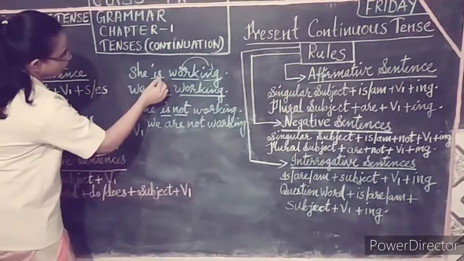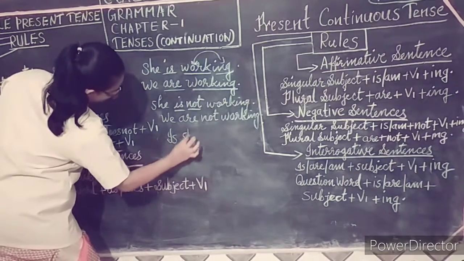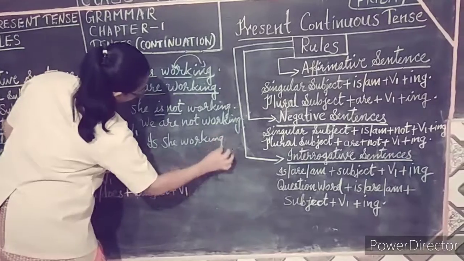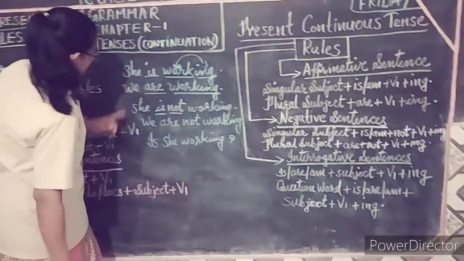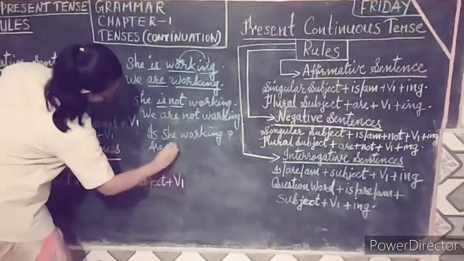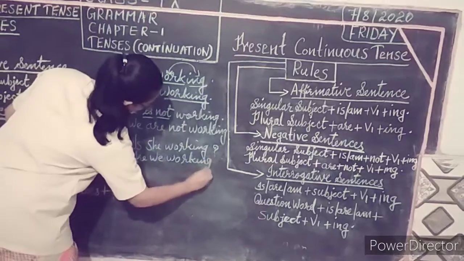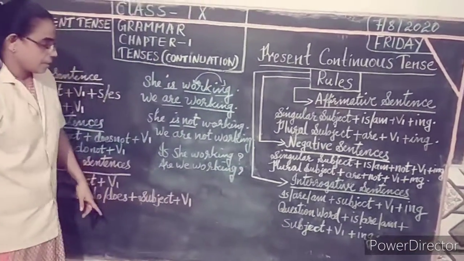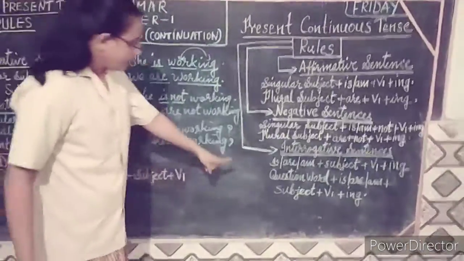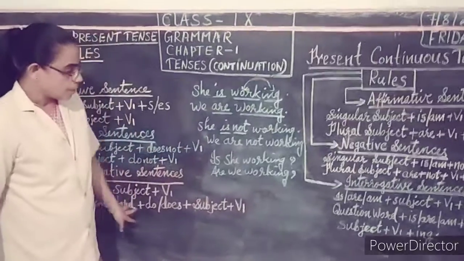The example will be, Is she working? Are we working? And what about the question word? How can we change them with the question word?